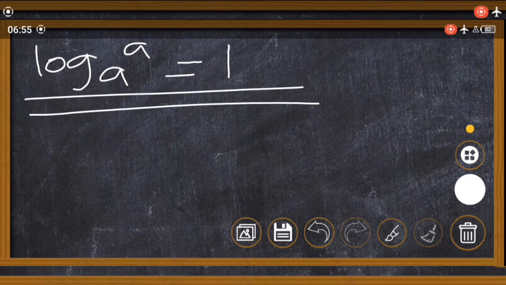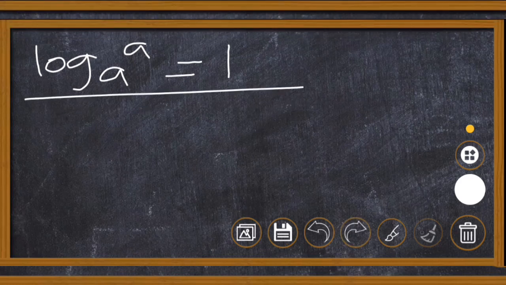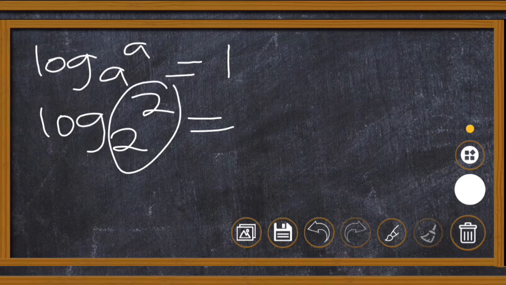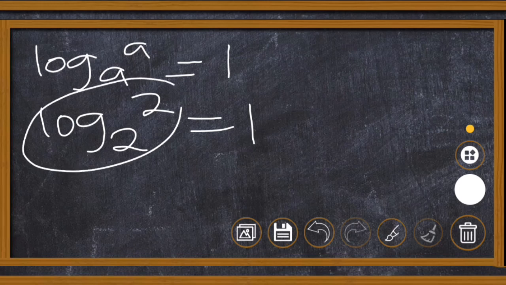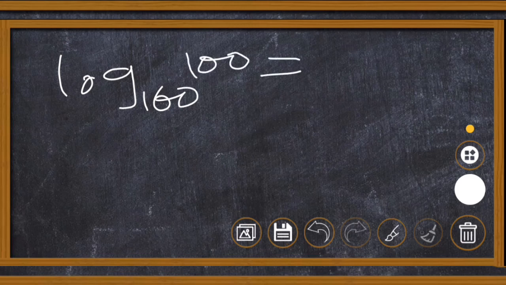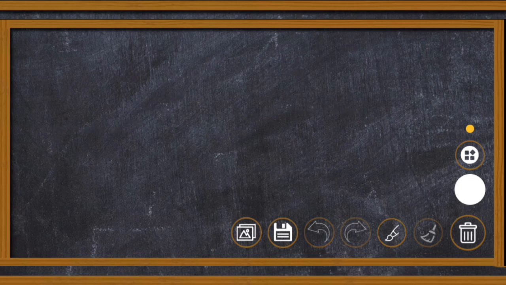Whenever you have the same values here, this log is 1. Let's say you have log 2 and 2 here. Whenever you have manipulated your logarithm function and it gives you the same values here, this is always 1. The whole of this is 1. Even if you have log 100 and then here you have 100, this is 1. So make sure that you understand this.